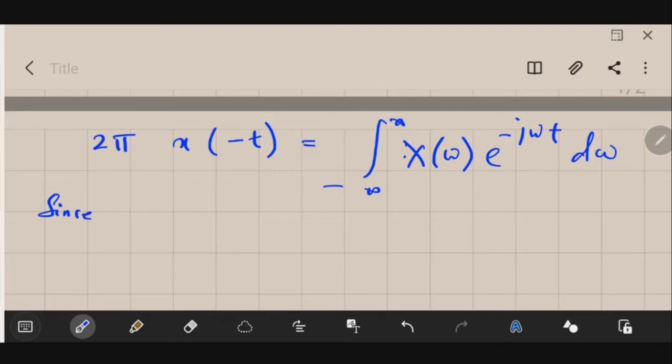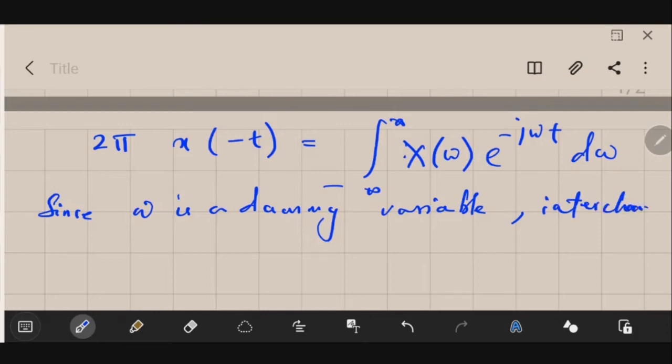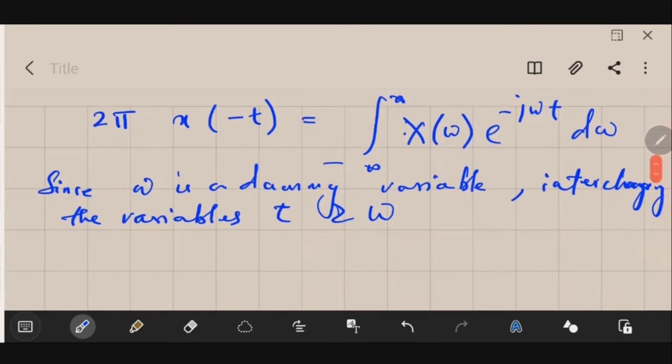So since omega is a dummy variable, interchanging the variables small t and omega, it will become your 2 pi times x of minus omega.